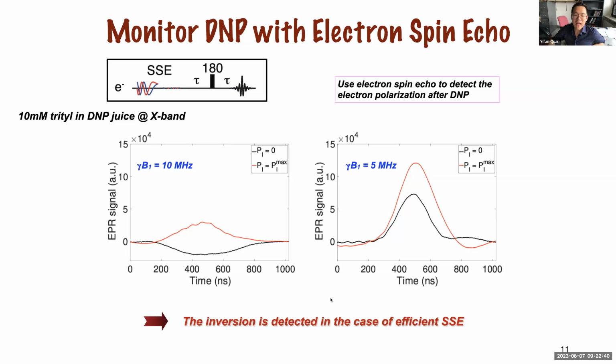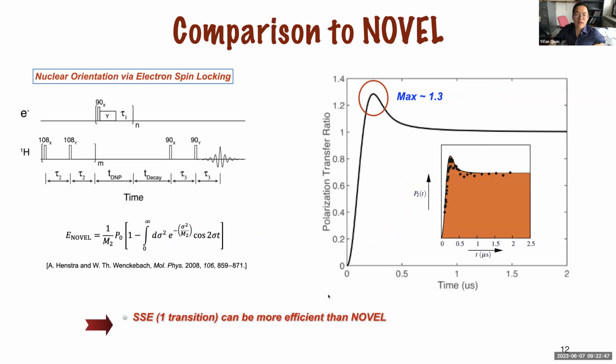Now we have theoretically understood what's going on when you apply a chirped pulse. Oh, sorry, I forgot this slide. So we also want to compare to the gold standard DNP sequence, NOVEL. I'm not going to tell you how this was calculated in this well-written paper.